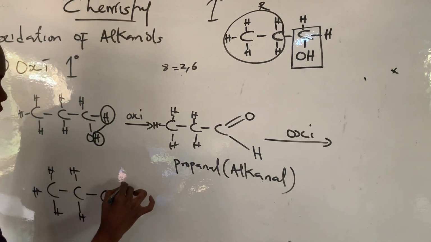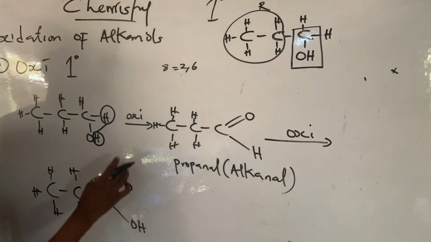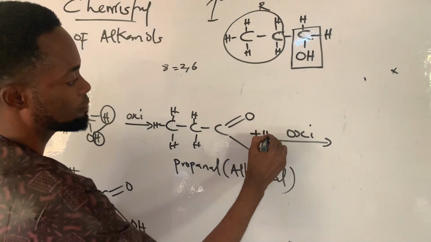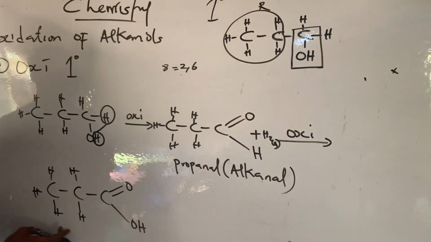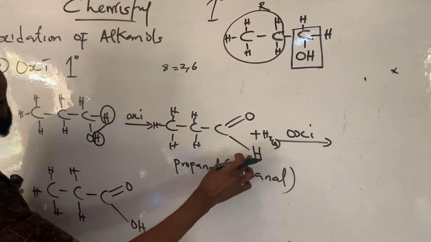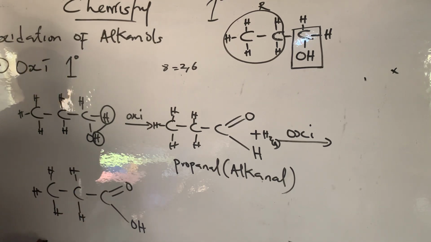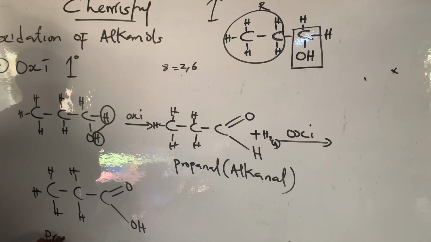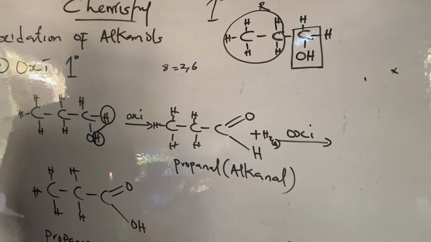Now we have oxygen here, then you are adding oxygen to this hydrogen. So in this case you will form what we call alkanoic acid. So here now we have propanoic acid, which is an alkanoic acid.